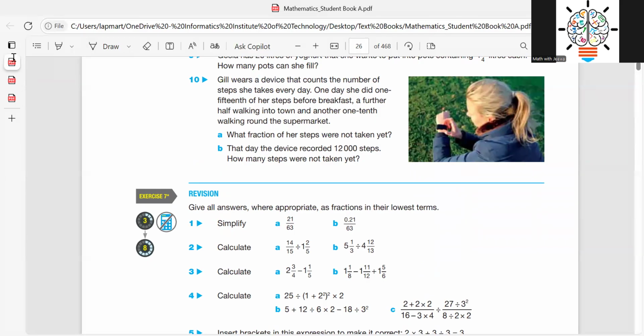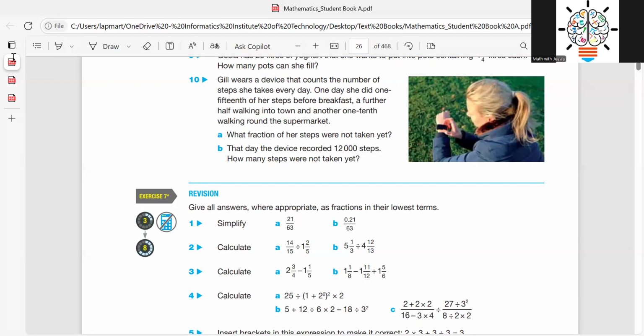But in this question, they explained how many steps she took before the breakfast, and then she was walking to the town. Another portion, she was walking around inside the supermarket. So that doesn't mean that her day was over, right? So let's say that she comes back home, and then maybe she's doing something at home.